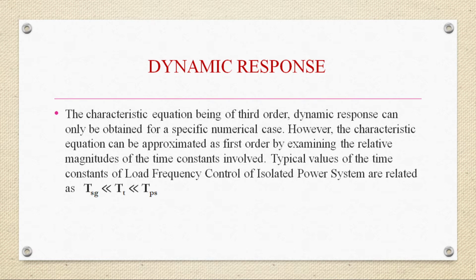The characteristic equation is of third order, so the dynamic response can be obtained for a specific numerical case. We are approximating the characteristic equation as first order by examining the relative magnitudes of the time constants involved. What are the typical values of the time constants?